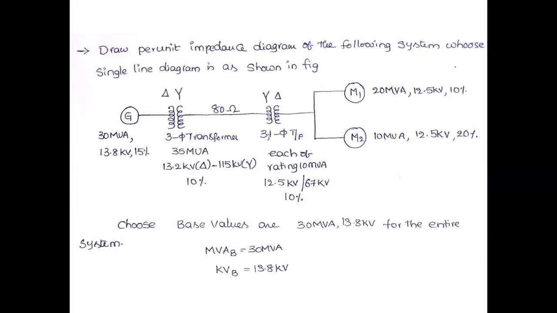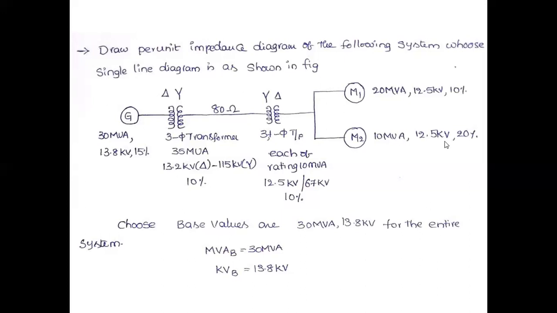My sincere suggestion is that you choose base values that give fewer conversions. Already I explained with an example also. Now in this case you will clearly understand how we need to choose the base values.